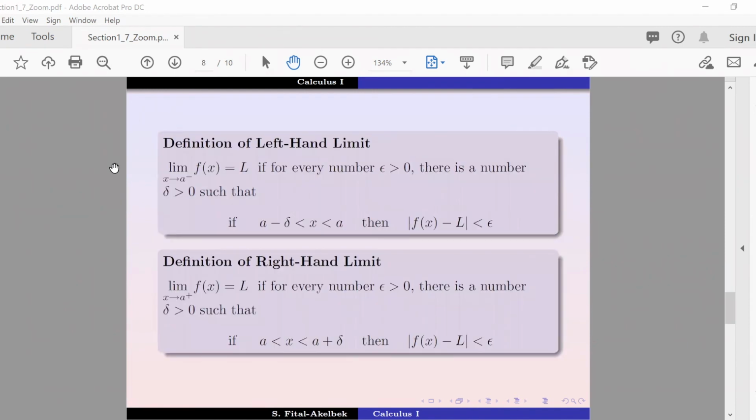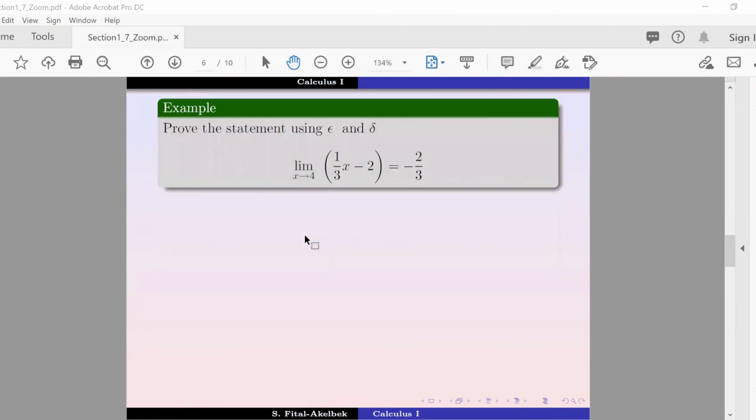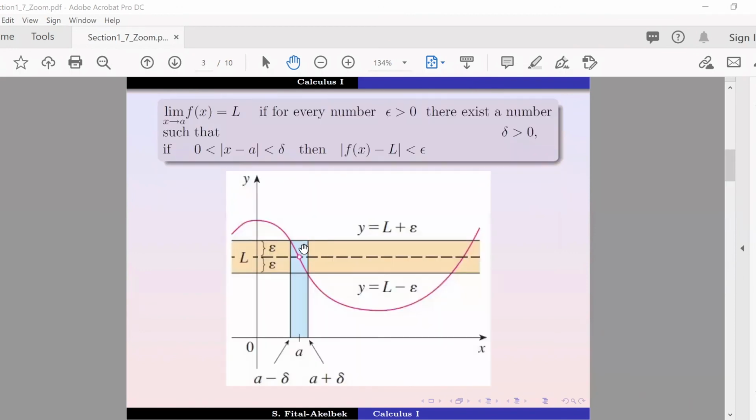In a similar way, we define the left-hand limit and right-hand limit. For the limit from the left side, for every epsilon there is a number delta such that x is taken from the left side only. If we go back to the first slide, the left side is right here, so we see a minus delta and a.